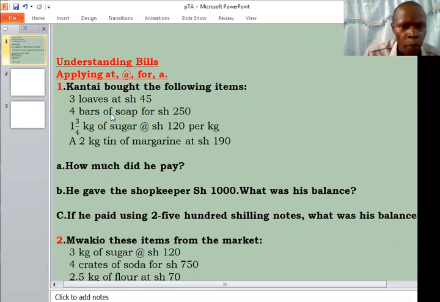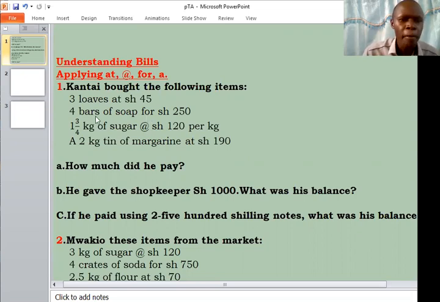4 bars of soap for 250 shillings. Are we going to multiply or we don't multiply? Of course, we are not going to multiply because "for" means all.